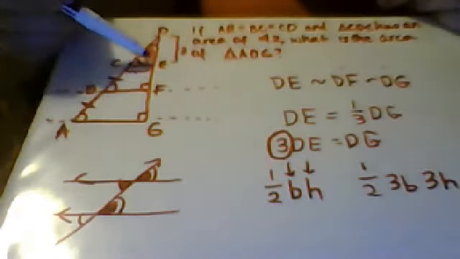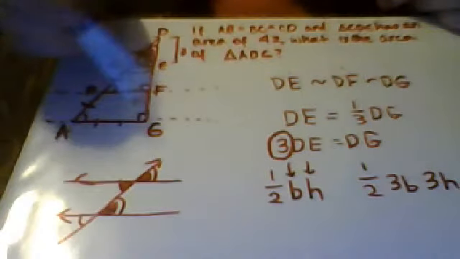So we're going to basically do 1/2 times 3 bases times 3 heights. Because again, we're taking this little base and multiplying it by 3, taking this little height and multiplying it by 3. So what happens to the area? Well, you basically get 1/2 times 9 times base times height.